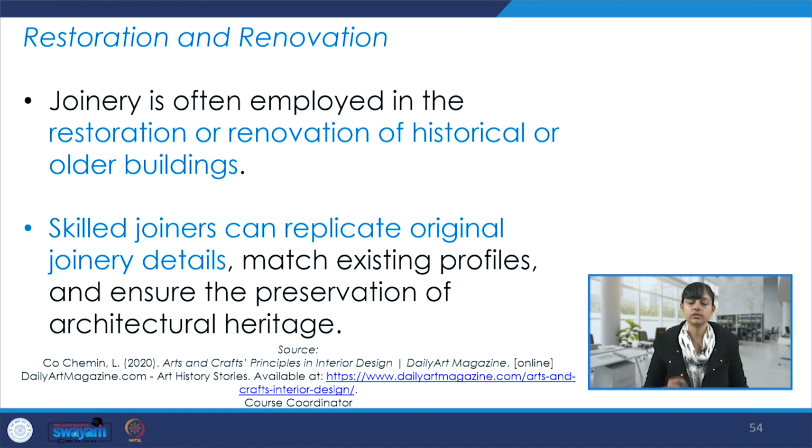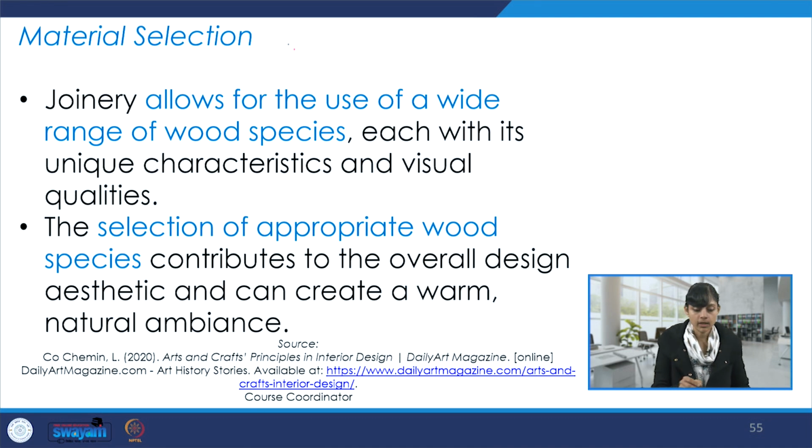Restoration and renovation. Joinery is often employed in the restoration or renovation of historical or older buildings. Skilled joiners can replicate original joinery details, match existing profiles, and ensure the preservation of architectural heritage and interior architecture heritage. Material selection.